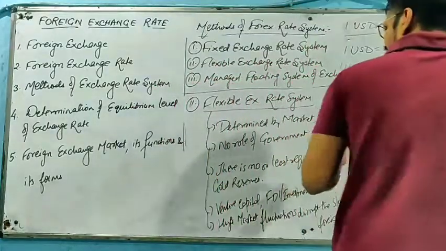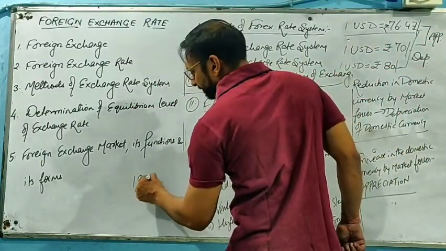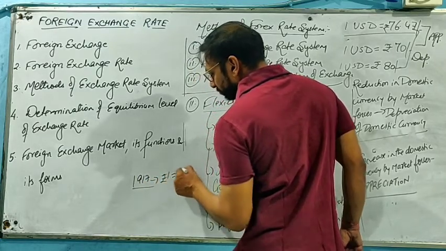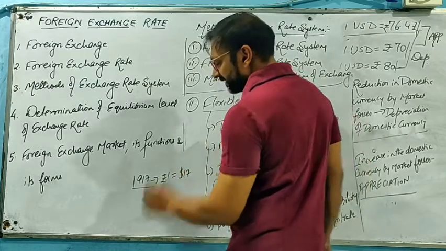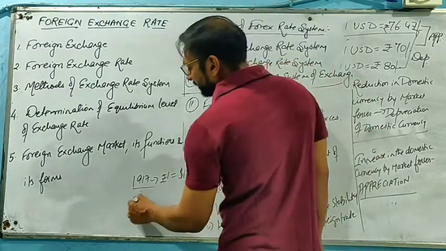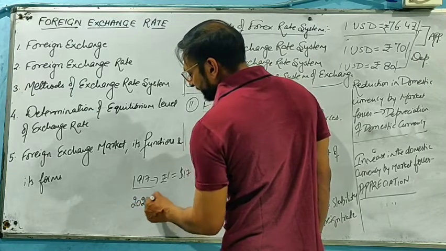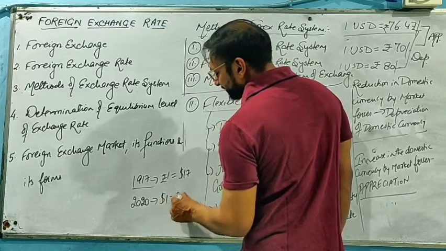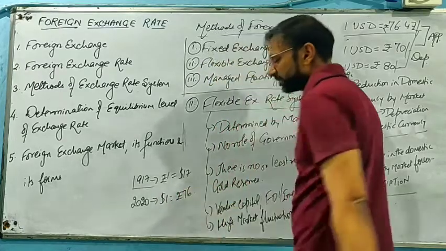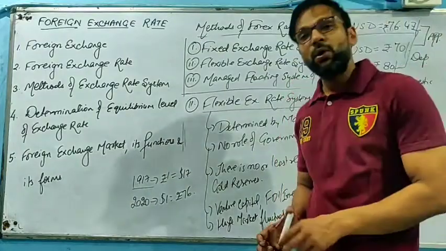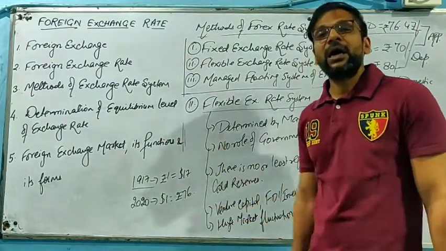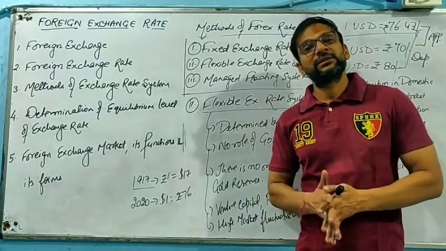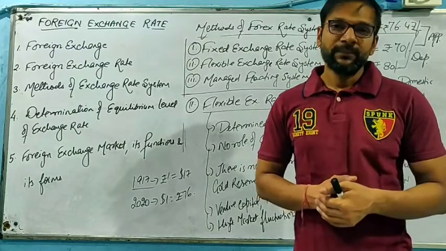It means in 1917, 1 rupee was used to exchange with $17, and now we are living in the world of 2020. $1 US is being exchanged for 76 rupees. It means how deeply our country's currency has been depreciated, and this is the major concern that India is suffering from for so long.